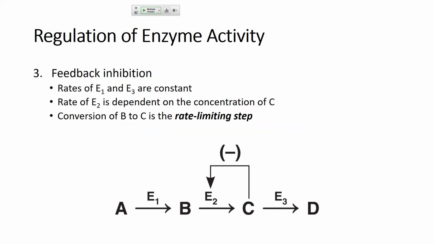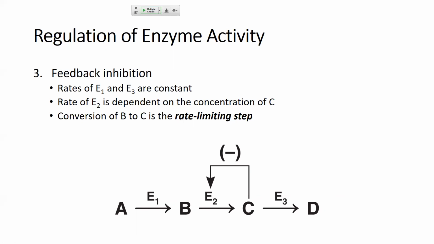The third method or mechanism of regulating enzyme activity is feedback inhibition. This is something that we touched slightly on last time when we looked at negative feedback loops and negative feedback inhibition. In this sequence of events, or this reaction at the bottom of the screen, we have a substrate A. It's going to be converted to product B via enzyme 1.